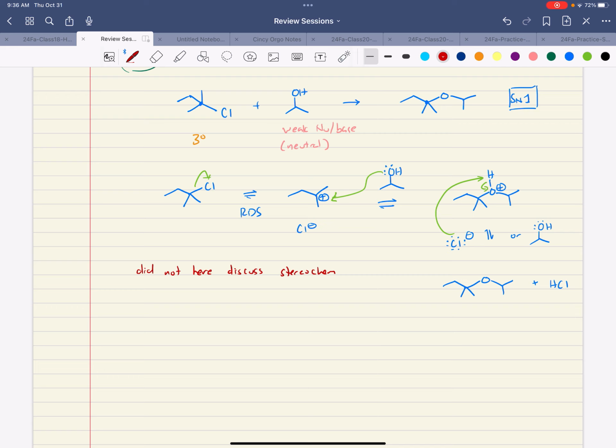We didn't discuss backside attack. That's SN2. Or inversion. That's the same thing as backside attack. And we didn't discuss scrambling, when you make racemic mixtures, is that how you spell it? In SN1 mechanisms.